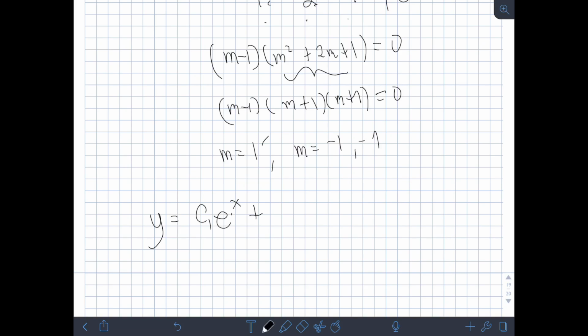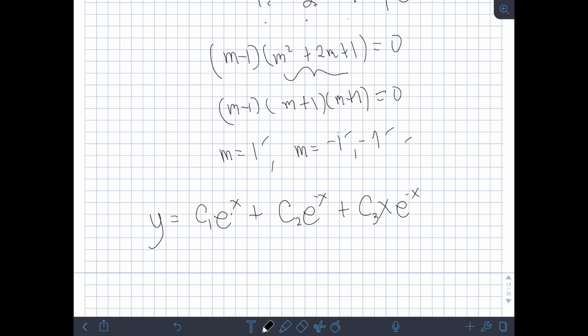And then plus, dito tayo sa naulit. Kapag may nauulit, this time dalawang negative 1, una natin gagawin is c2 e raised to negative 1x or negative x para dun sa first root. And then, para sa other root na naulit, plus c3, lalagyan mo ng x. E raised to negative x din.